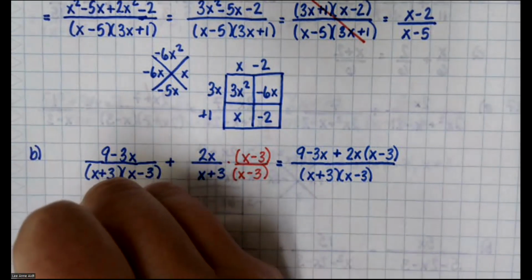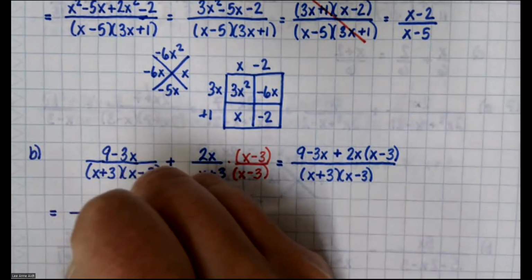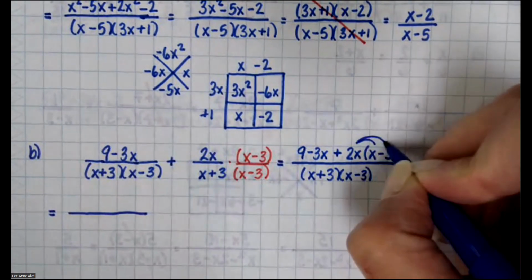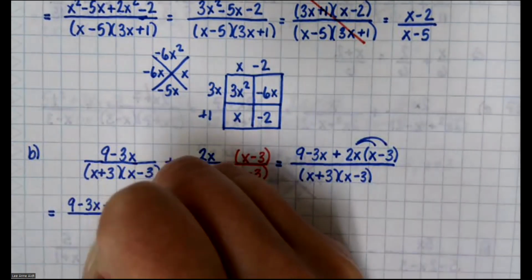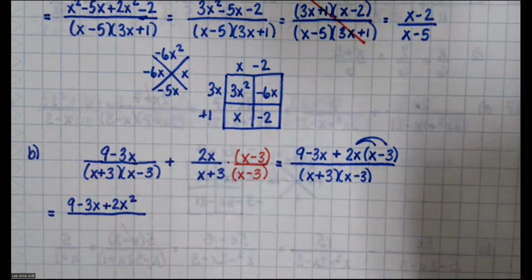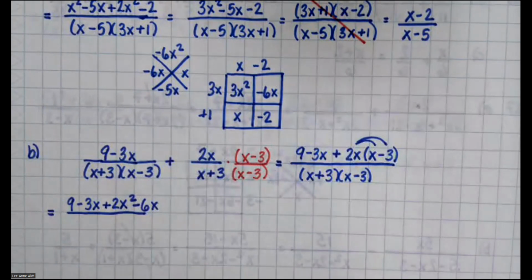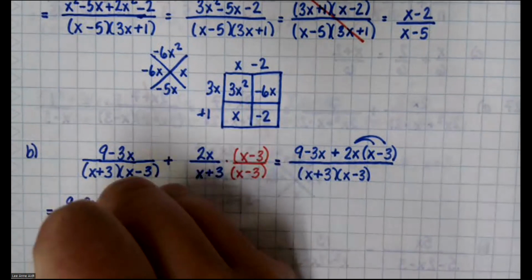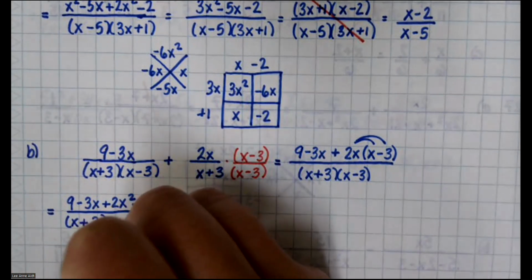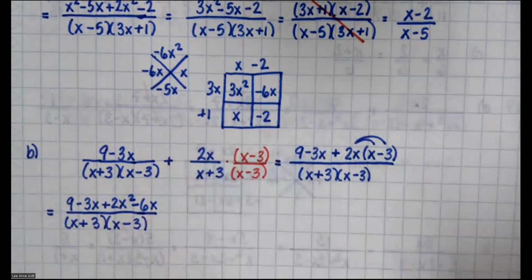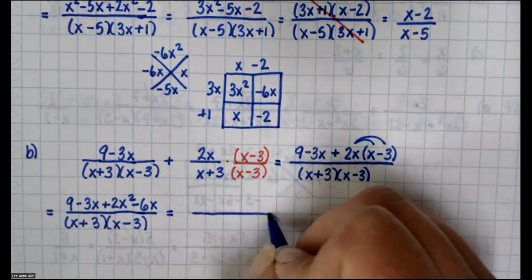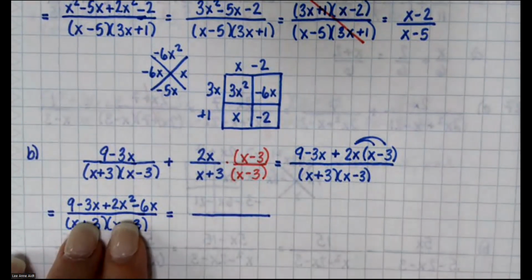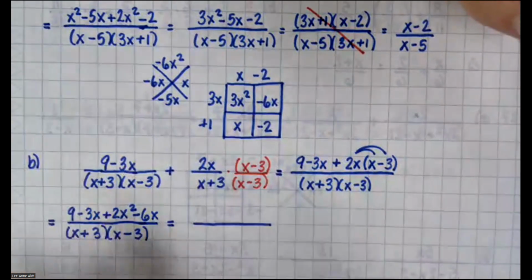Okay, now we're going to go distributive here. 9 minus 3x plus 2x squared minus 6x. And then I'm going to combine like terms on the top, and I'm going to rearrange it so that it's in descending order. Do you know what I mean by descending order?